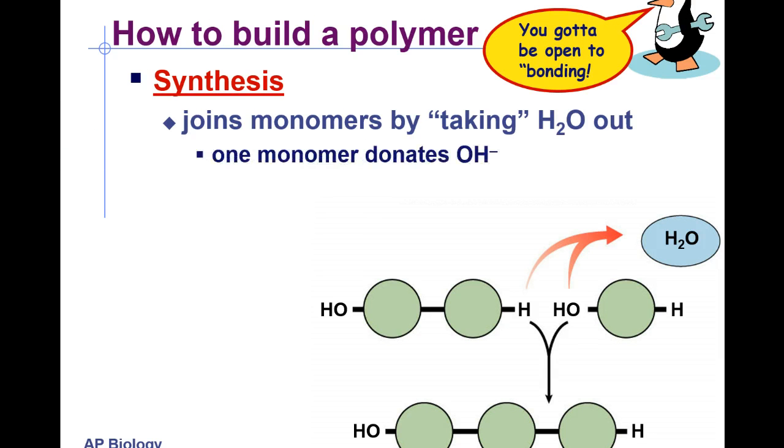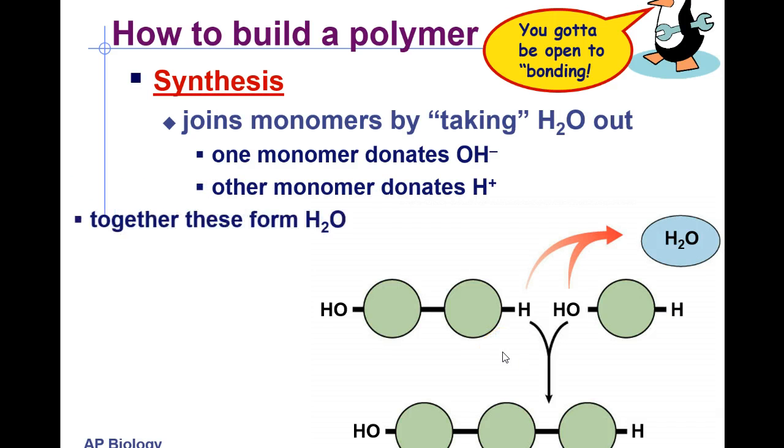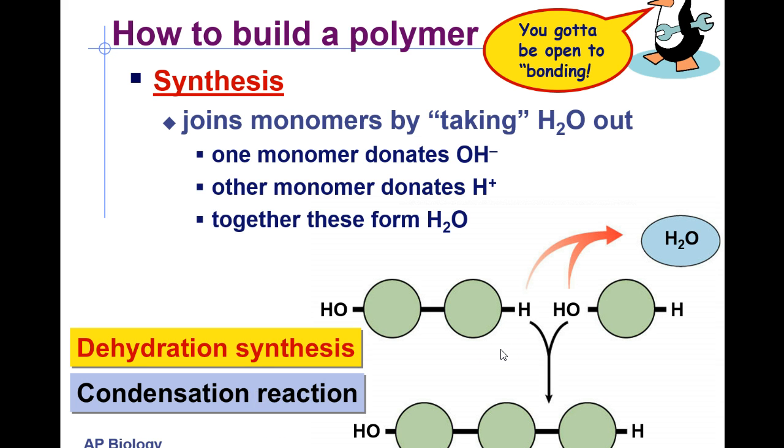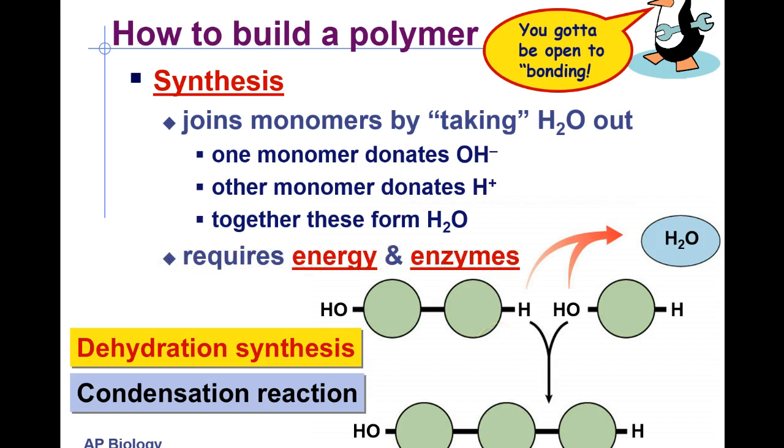It's like one monomer donates the OH, the other the H, and voila, we get water. Again, that's a dehydration synthesis. It also goes by another name called the condensation reaction. This, of course, is going to require energy and enzymes to help this happen efficiently and quickly.